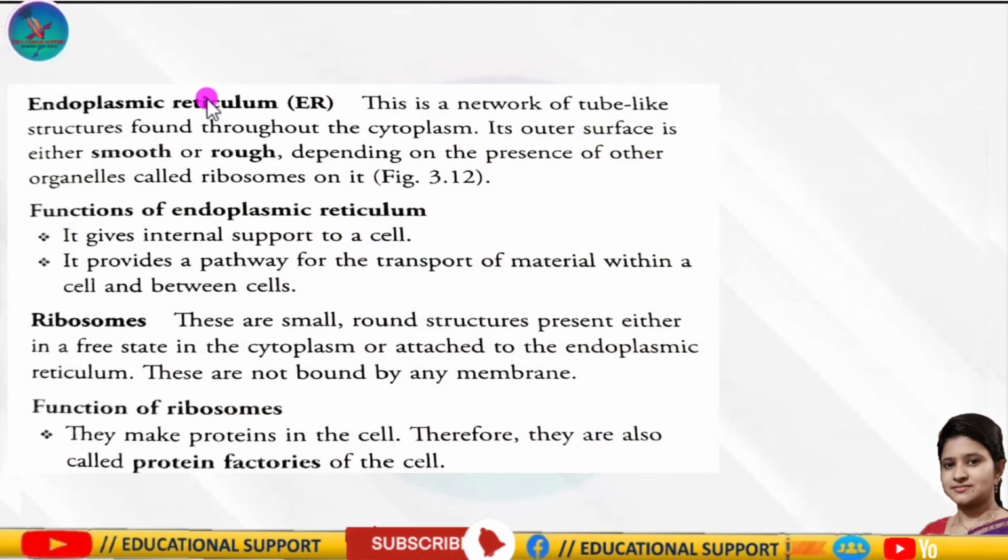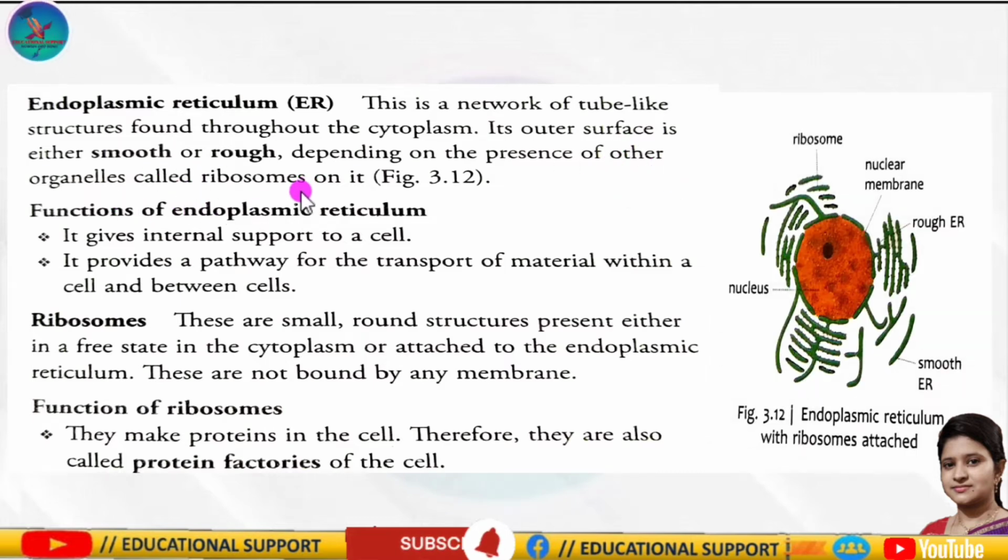Next is the ER, endoplasmic reticulum. ER is a network of tube-like structures. Where is it found? ER is found throughout the cytoplasm, and its outer surface is either smooth or rough, depending on the presence of other organelles called ribosomes on it. You can see in figure 3.12 the endoplasmic reticulum with ribosomes attached.